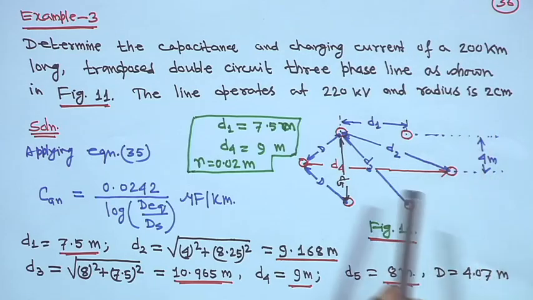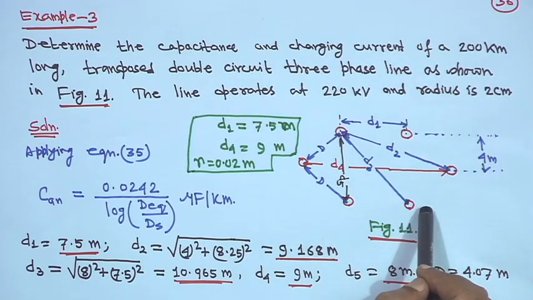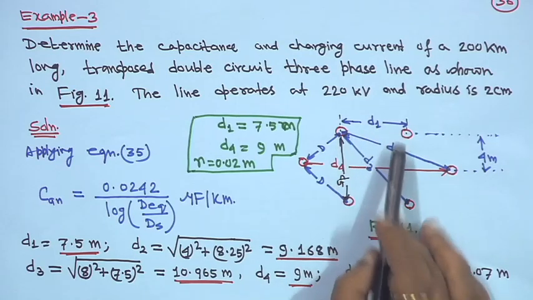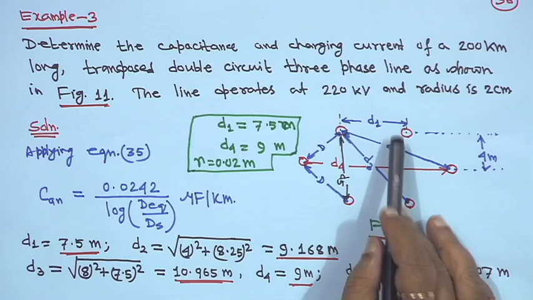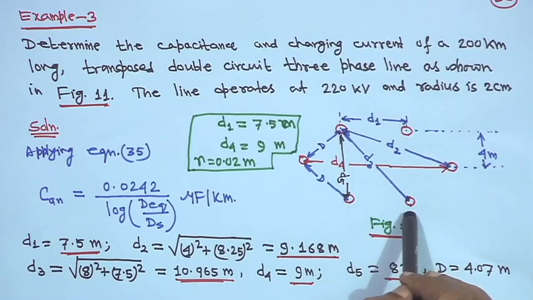It is given that the line is transposed. This is the configuration for which we have just derived the expressions, the 3 phase double circuit transposed line, and the same mathematical expressions we will use.